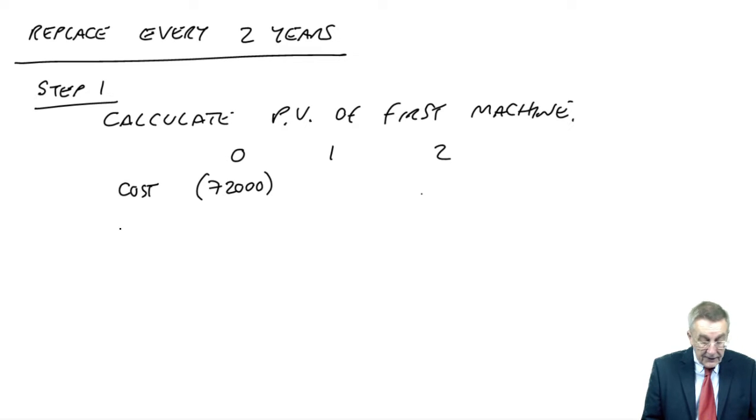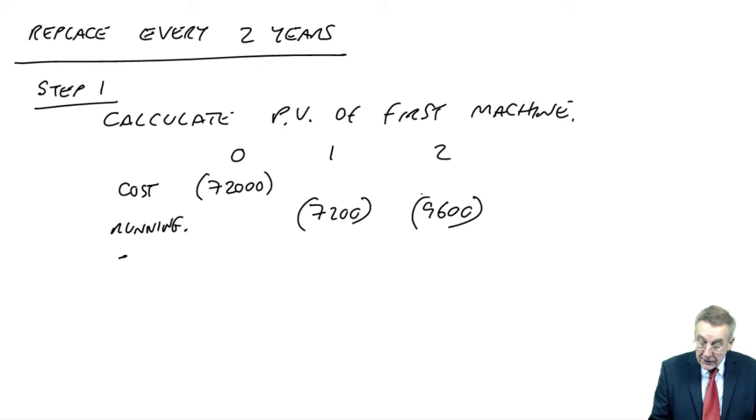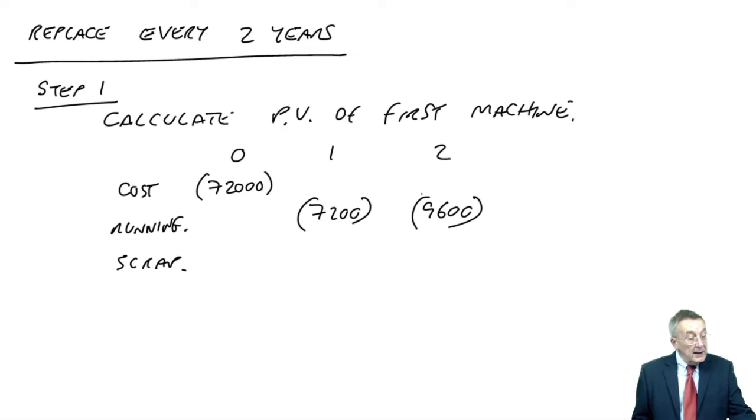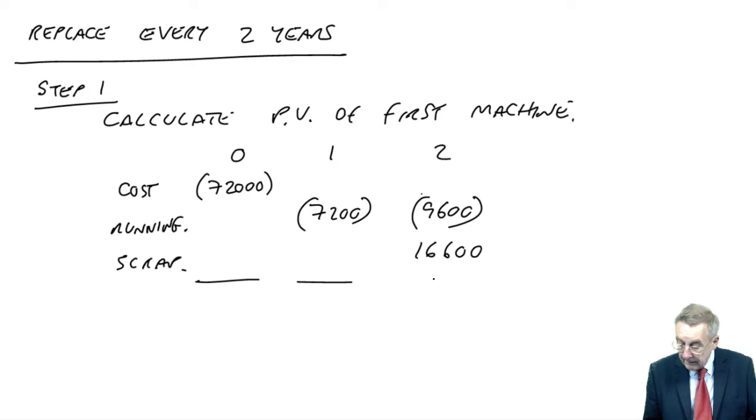We've got the running costs: in 1 year, 7,200; in 2 years, 9,600. At the end of 2 years, we would scrap it, and in 2 years' time it's got a scrap value of 16,600.